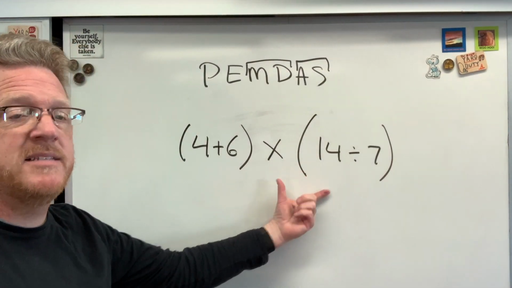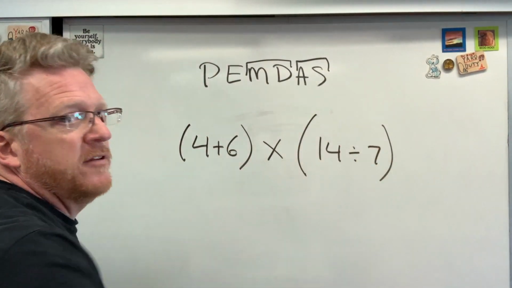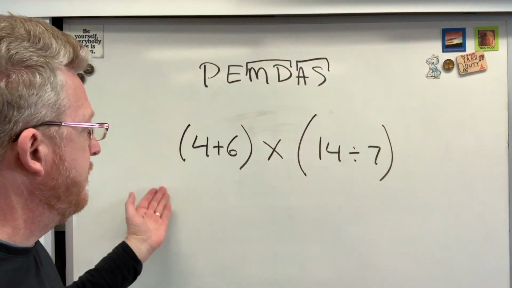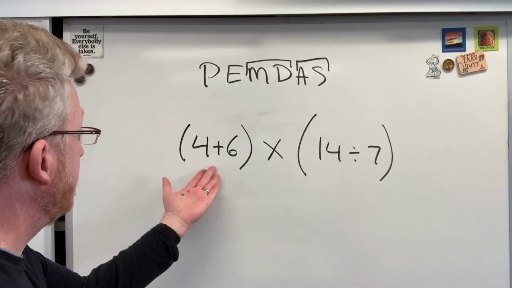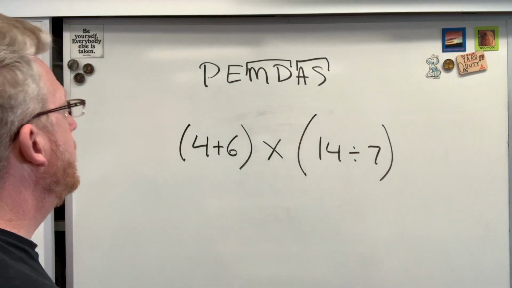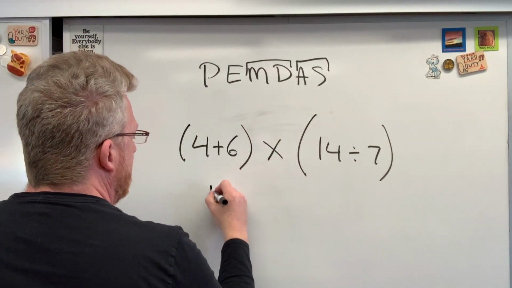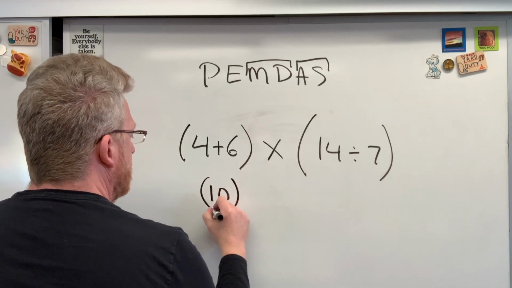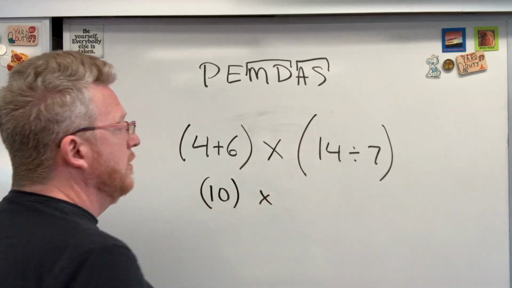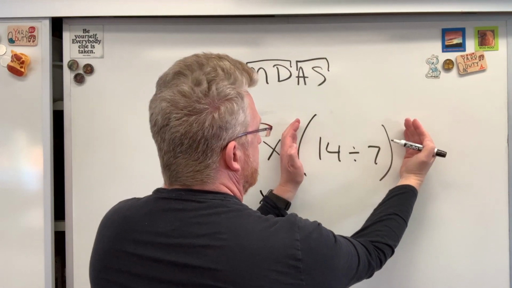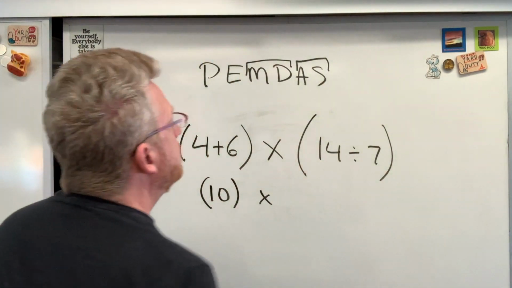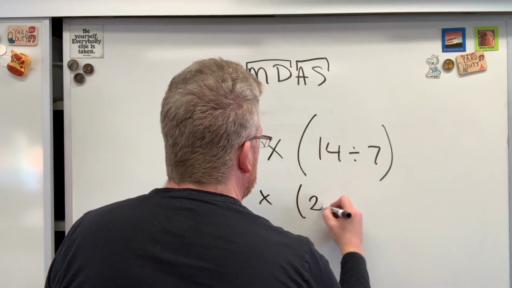When that's the case, you always move from left to right, just like you read in a book. So I'm going to start with the left, then I'll go to the right. What's inside the parentheses? 4 plus 6, that's going to equal 10, times. What's inside that parentheses? 14 divided by 7. Well, we all know that's 2.